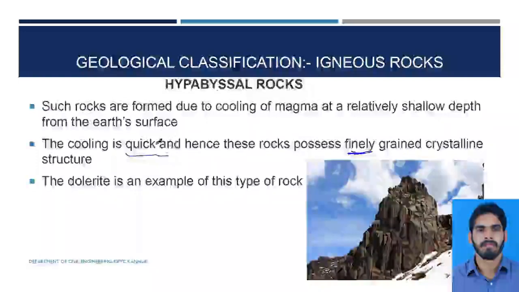If the cooling is slow, it becomes coarse. Coarse means bigger. Fine means very small. Okay, small grained crystalline rocks are formed. Dolerite is an example of this type of rocks. Actually, these types of rocks are formed due to cooling of magma at a relatively shallow depth from Earth's surface. They are actually known as hypabyssal rocks.